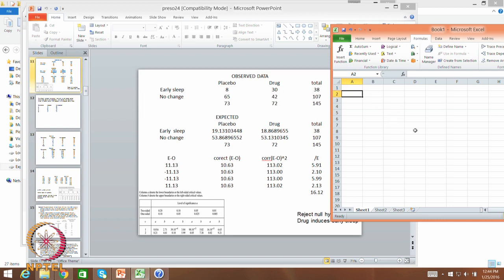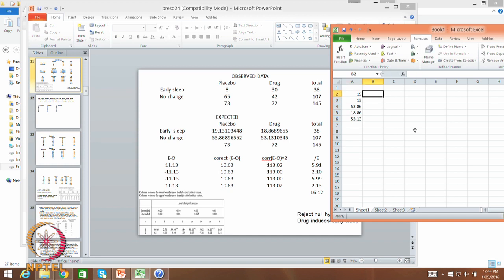so I will say expected minus observed: 19.13, 53.86, 18.86, 53.13.